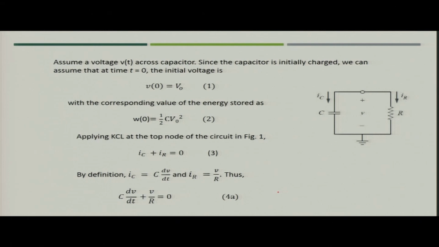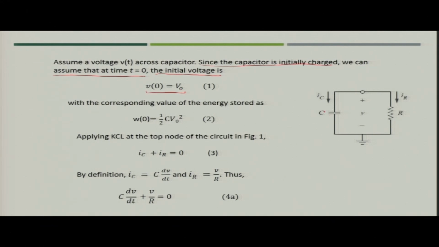So, let us see how the performance of the circuit would be when you have the capacitor initially charged and connected to the resistor in parallel. So, what will happen in this case? Since the capacitor is initially charged, we can assume that at time t equal to 0, the capacitor has some initial voltage, say V naught.